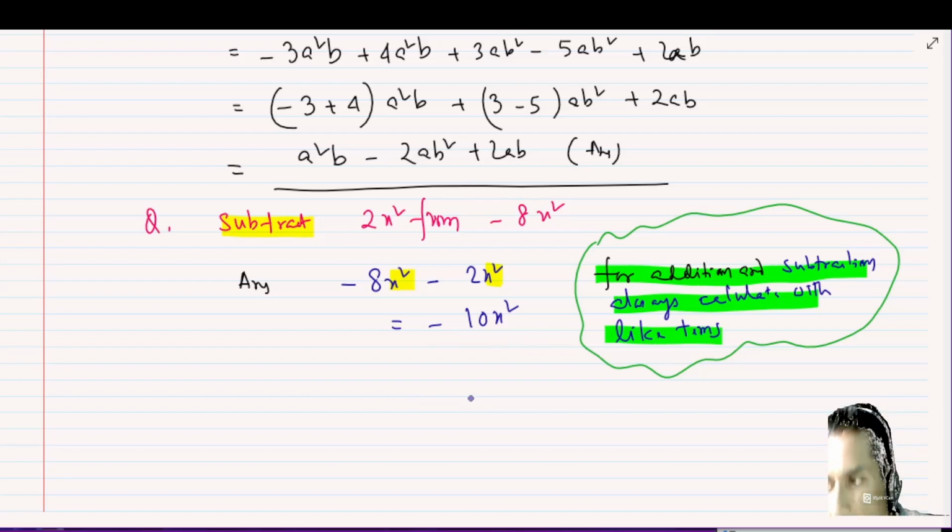Just clear your concept here, because the calculation part is yours. You have to practice a lot to improve your calculation power, but the concept is the same. You have to identify the like terms only, group them together, then only do the calculation. So addition and subtraction can go together. You can do it yourself. Clear?